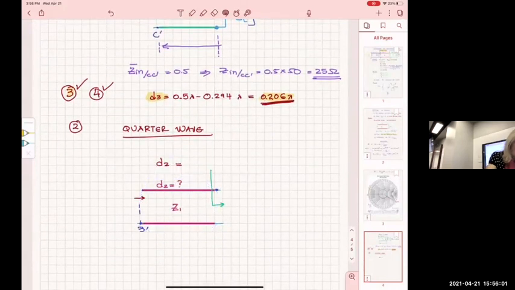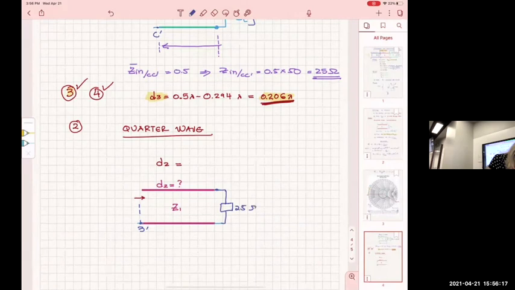Okay, this is the line I'm looking at. And I have found that my load here is 25 ohms. In fact, it's just this one, all right? I know that this is a quarter of a wavelength, so I found that. All right, so I have this in place.